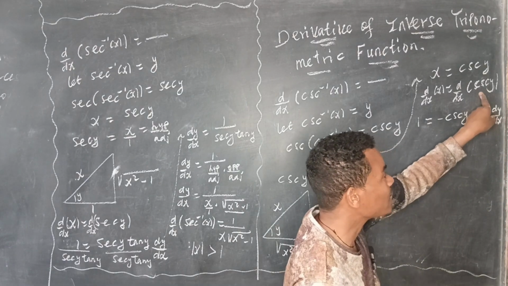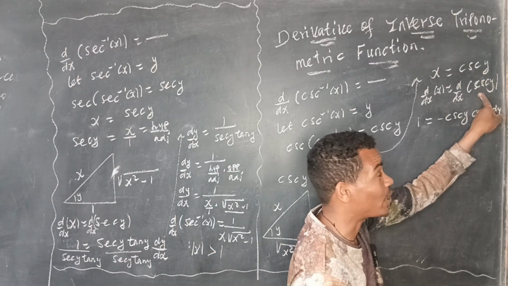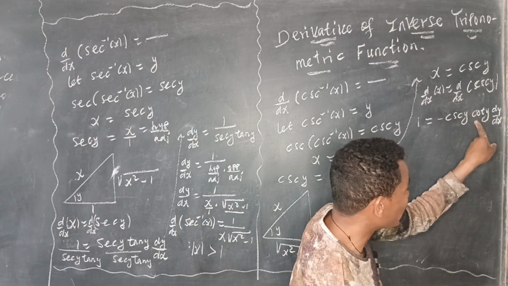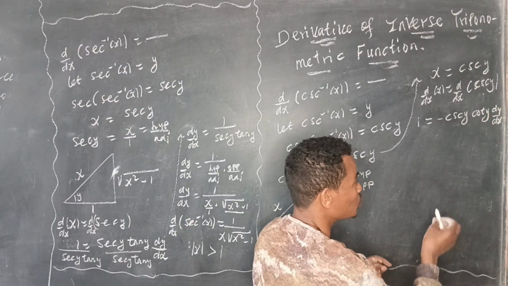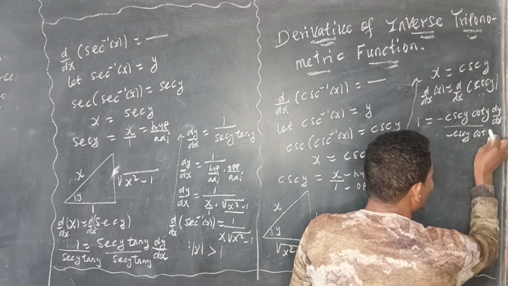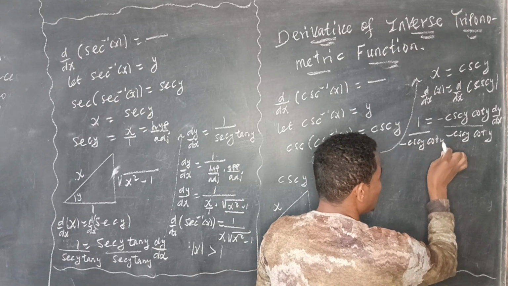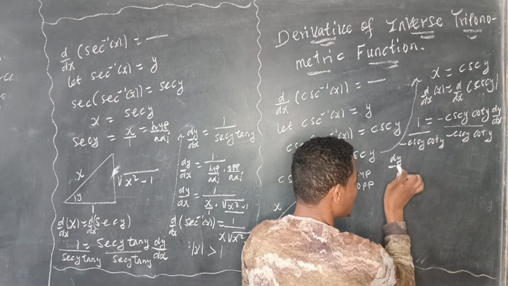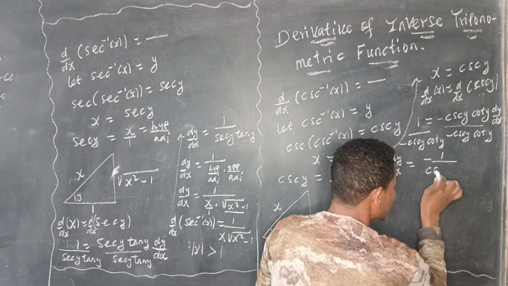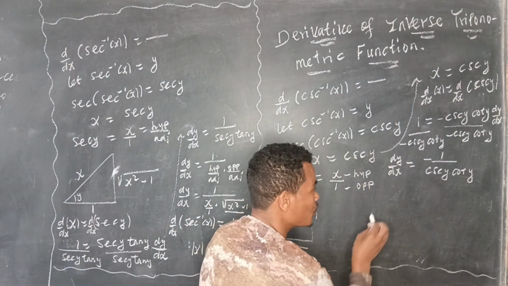To differentiate cosec y, we apply the quotient rule: 1 over sin y, and applying the quotient rule we get minus cosec y cot y dy by dx. So both sides divided by minus cosec y cot y. That is dy by dx is equal to minus 1 over cosec y cot y.